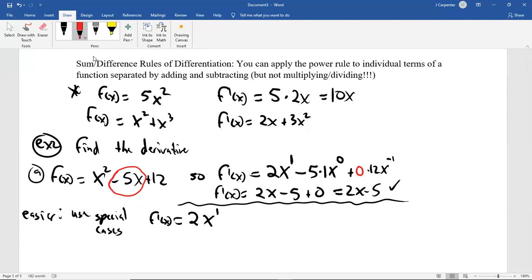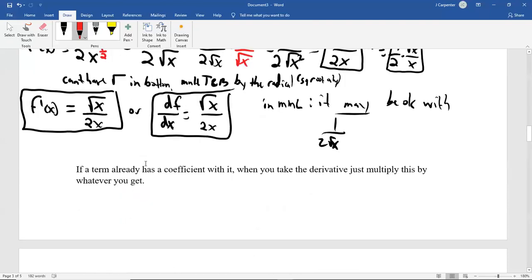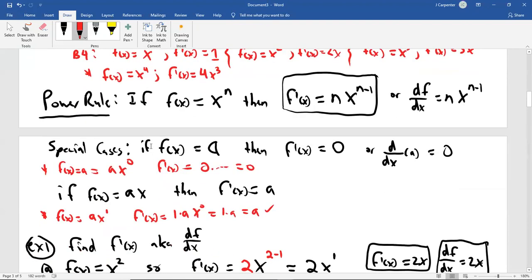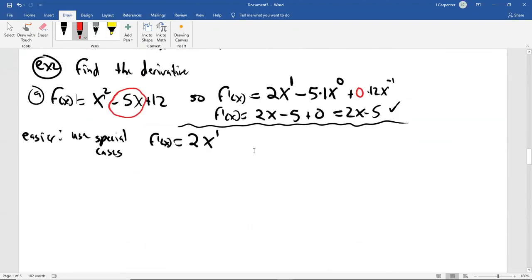If the only term in the function was this minus 5x, it would be a line, so the number in front of it would be the slope. Going back to the special cases, if your function is some number times x, the derivative is just the number, which goes in line with the slope of a line. So the derivative of a minus 5x is minus 5, because the slope is just the coefficient of a line, a linear term, an x to the first term.